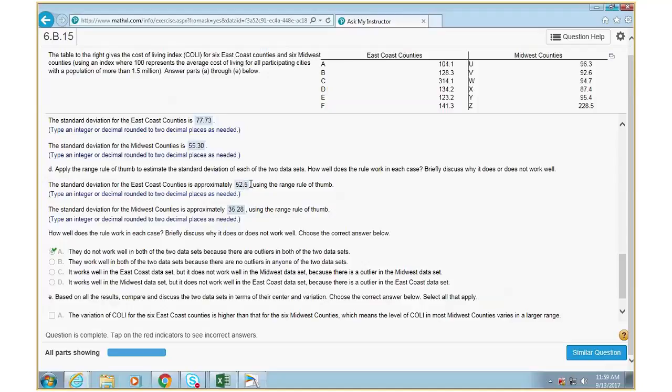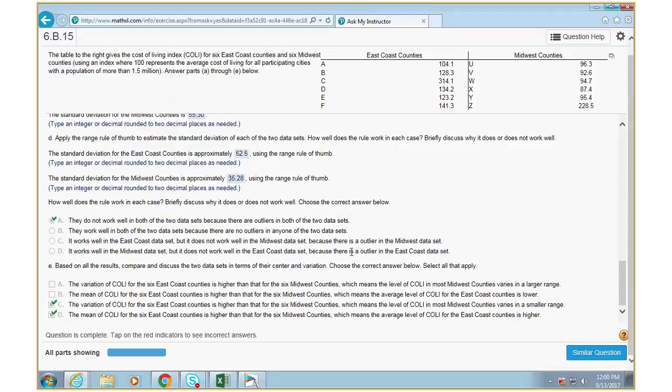What do we get? 52? Okay, there it is right there. And using the range rule of thumb for the second, again, which data is closer? The Midwest. Everything is pointing to the Midwest as being the better data set. So whatever they ask you, you should say that the Midwest is the better of the two.